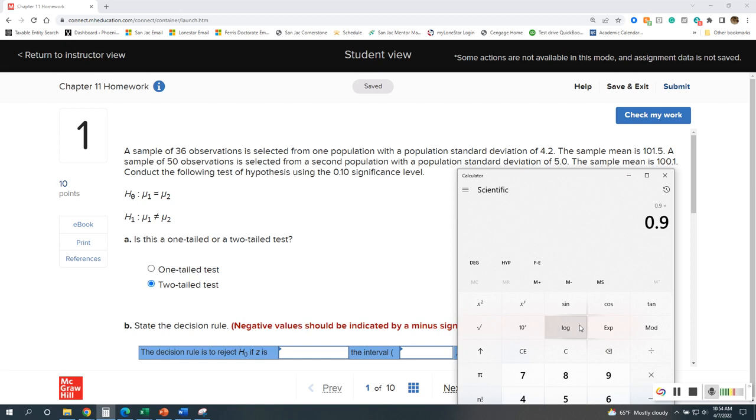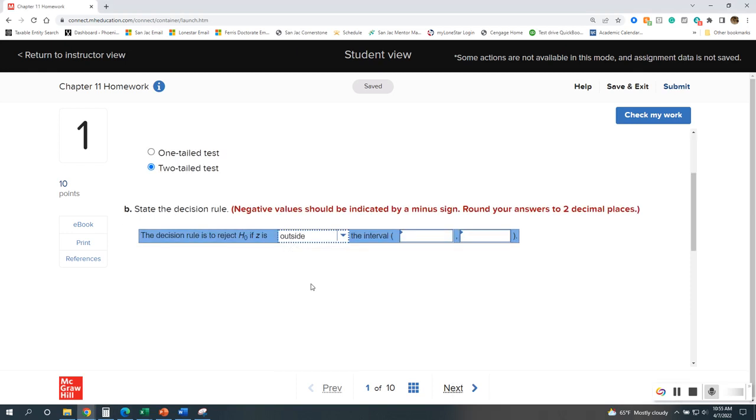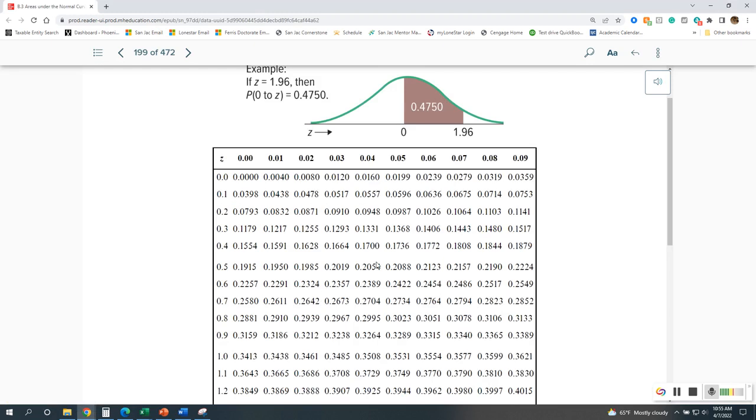Then we divide that by 2 because we have a two-tail test. This leaves us with 0.45 in each of those tails. If the z value that we end up having falls outside of those intervals, we're going to reject, so we need to look up the z table.